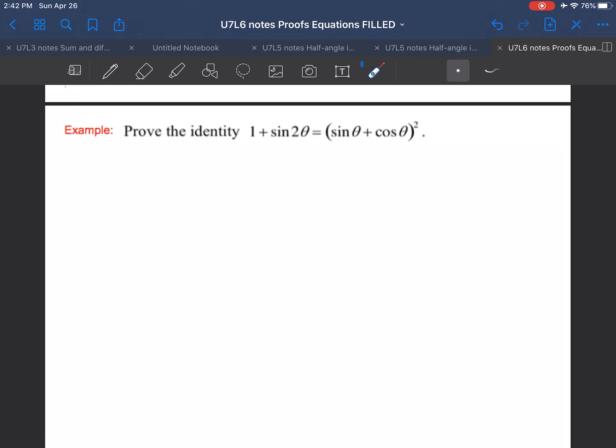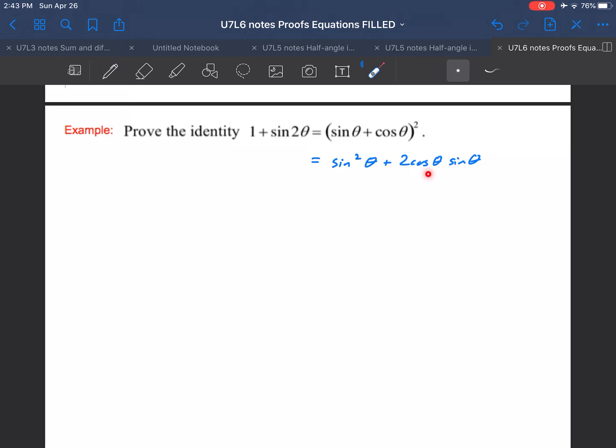All right? So what I'll do is just put an equal sign here and then work on the right side until I get the left. So this right side is equal to sine squared theta plus 2 cosine theta sine theta.